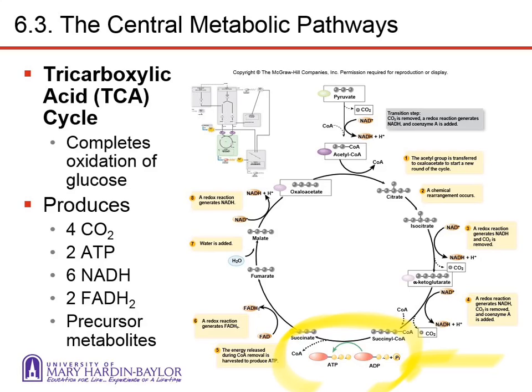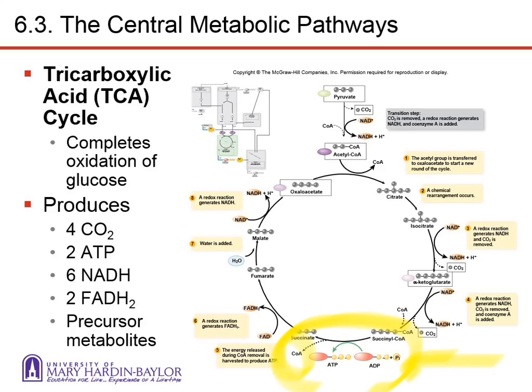Some cells use that high energy phosphate bond and do a different type of substrate level phosphorylation. They actually phosphorylate GDP first and make GTP. So the base on the molecule is different. That's the only thing that's different between them. They make GTP, and then the GTP has the energy to be used by a second enzyme to make ATP. So that's why they don't tell you about the exact process here.